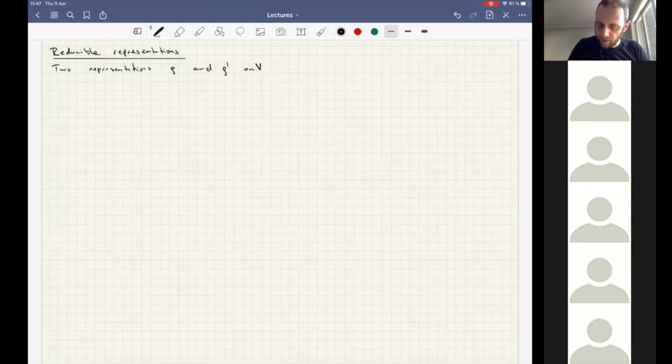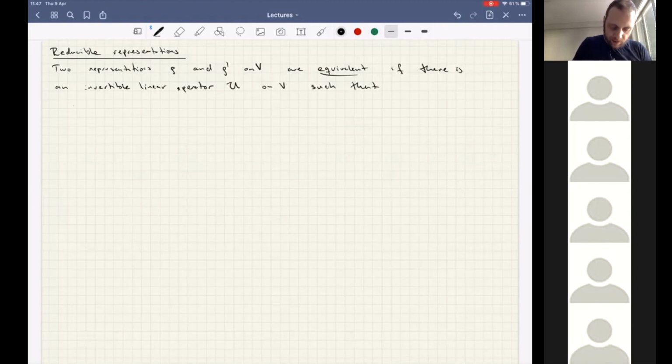On V, they are said to be equivalent if there is an invertible linear operator, which I will call U, on V, such that rho of A is equal to U rho prime of A U inverse for all A in the group.